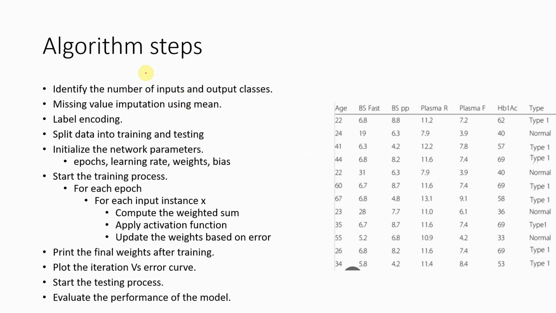These are the steps of the algorithm we need to follow in order to do binary classification for the given input. This is the input given and these are our input nodes, that is X1, X2, X3, X4, X5 and X6. These will be considered as inputs for our node, and each will have a corresponding weight.